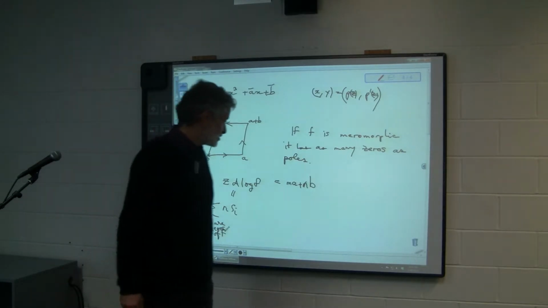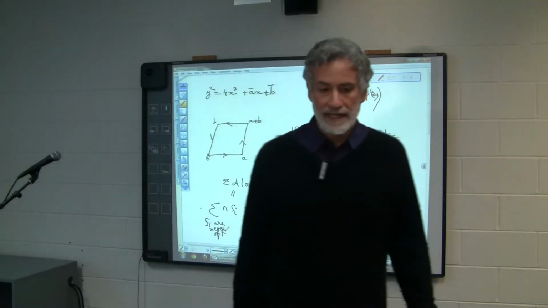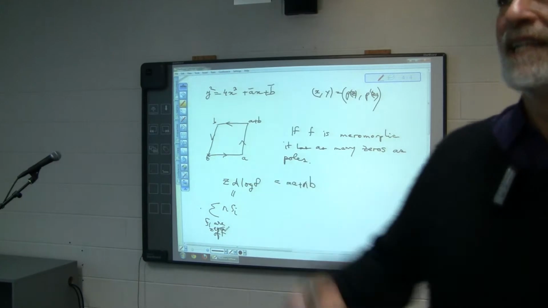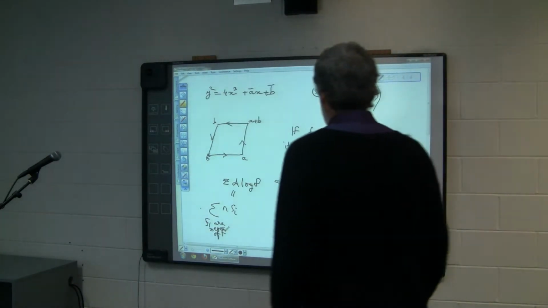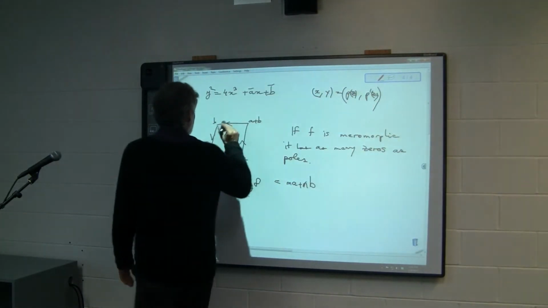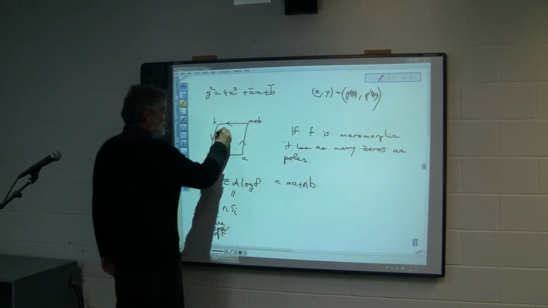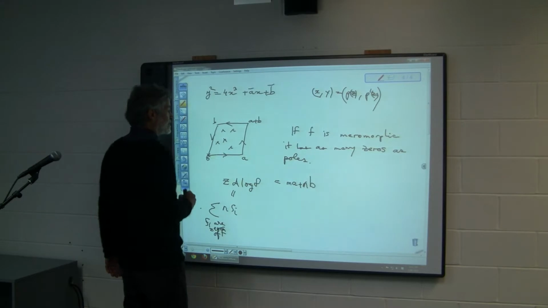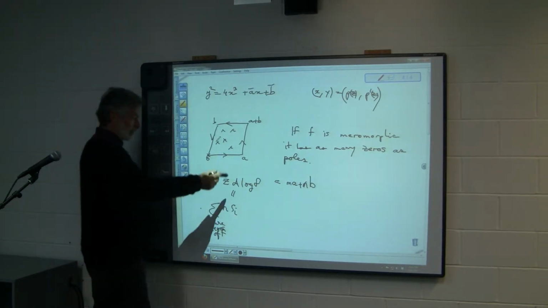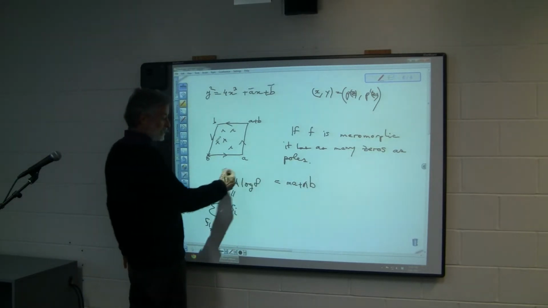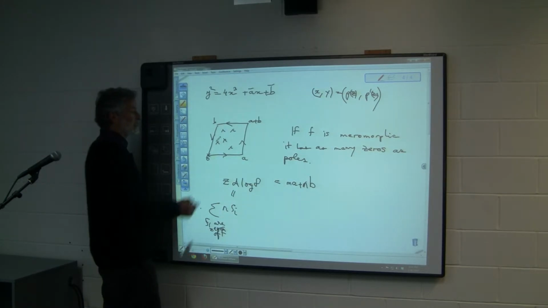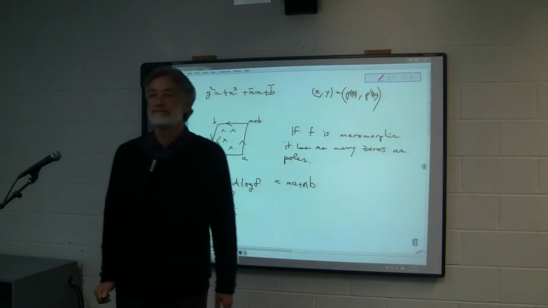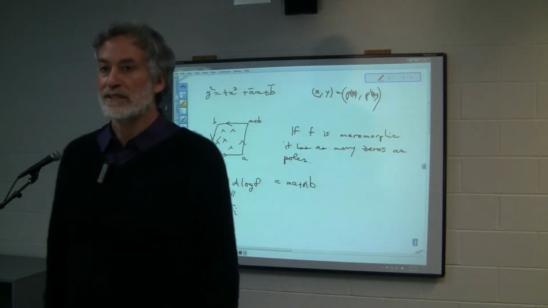Anyway, the formula ends up telling you that, let's assume that all of the zeros are simple. So the function f is going to have a bunch of zeros here. It will vanish at these points. And what you learn from integrating this is that the points at which it vanishes add to 0 in the group law. They add to a lattice point.